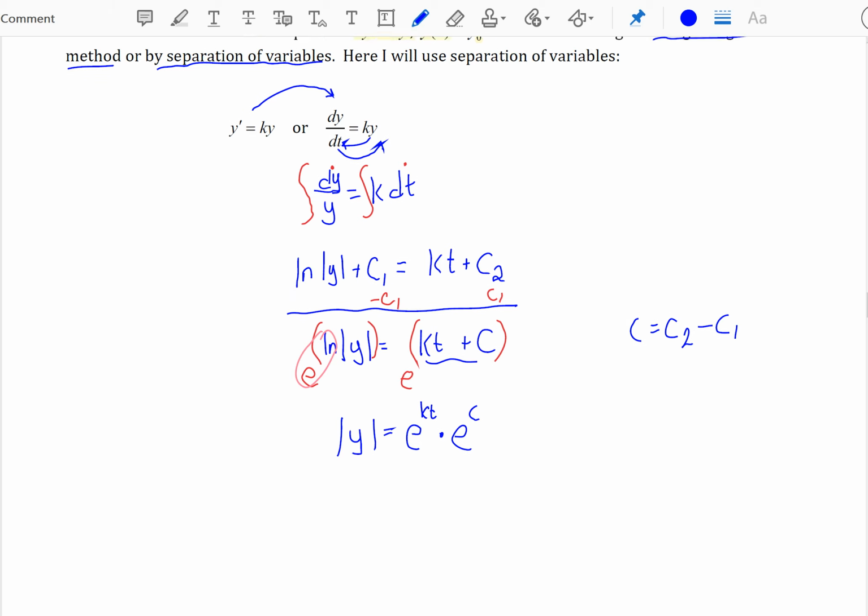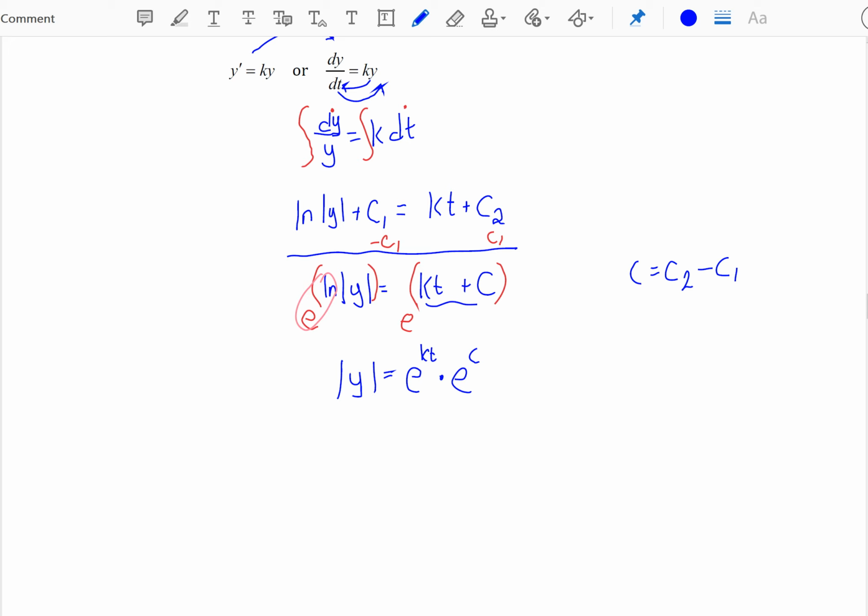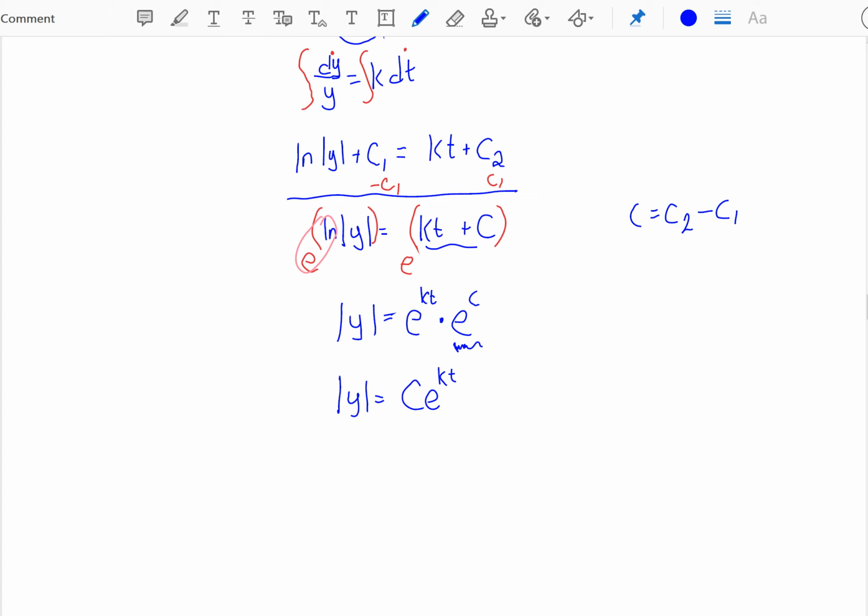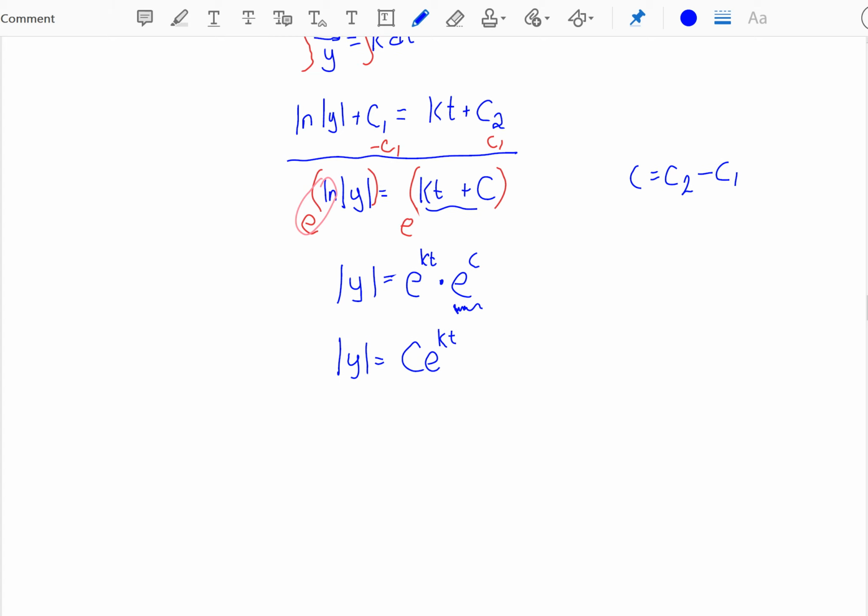Now remember, if c is some unknown constant, then e to the c is still some unknown constant. And so we can write this as the absolute value of y equals c e to the kt. Now, without doing the algebra to verify this, I will ask you to recall in chapter 1.3, we made an algebraic argument that the absolute values in this equation can be absorbed by this constant.